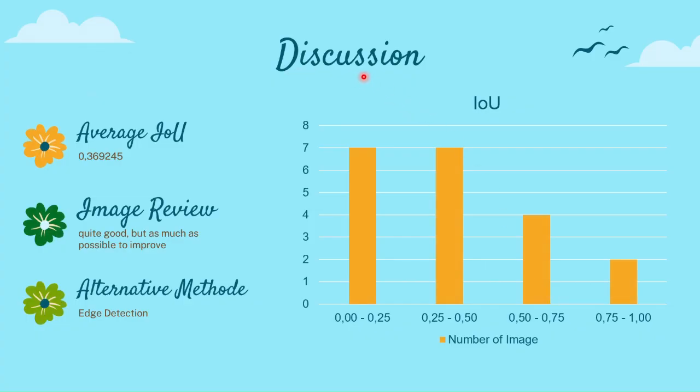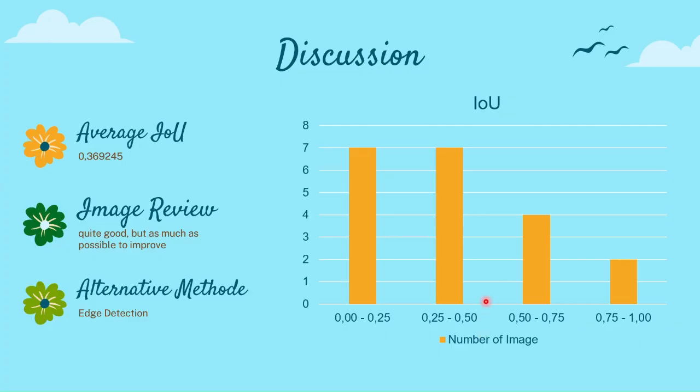From the programming results, 20 IOU data points were obtained randomly. Based on this data, a diagram was created to show the frequency of IOU values across 4 ranges. There were 7 data points with IOU values between 0.25 and 0.5, and 7 between 0 and 0.25.